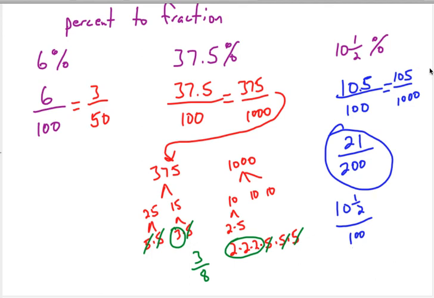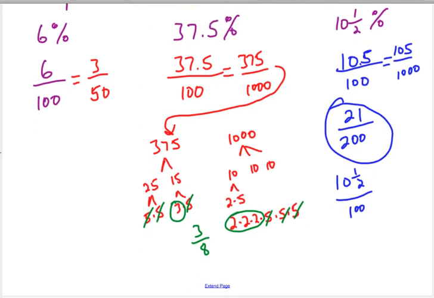But remember, this is just a division bar, so I could change this to 21 over 2 divided by 100, which is the same as multiplying by 1 over 100. And then we know that it's 21 over 200. So either way you want to attack that problem, you can do it. You'll get the same answer.